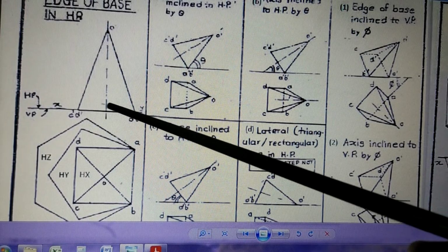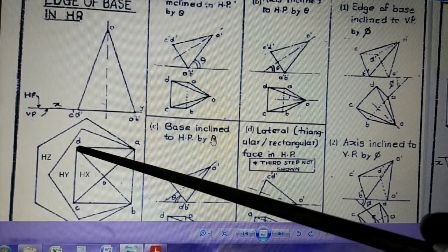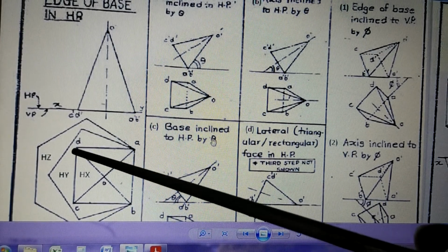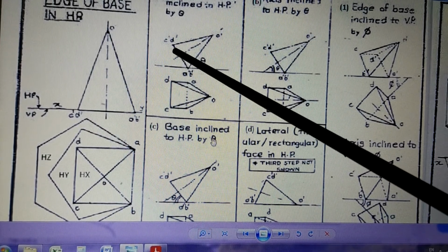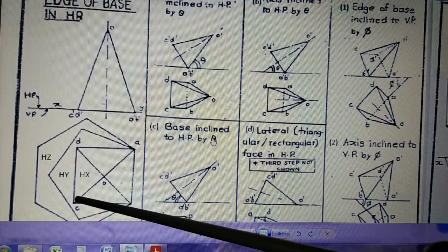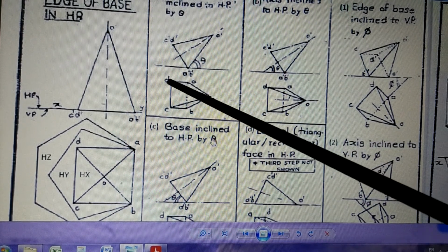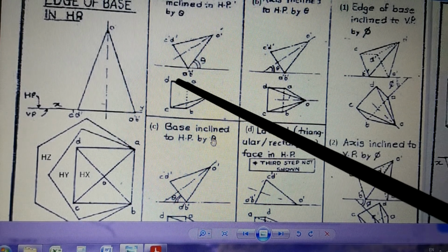When the base was resting, when the base was touching the XY line, from the top, the base was seen like this. Now when you tilt this base and the base takes this position, and you see from above, the same square-shaped base will be seen like this. Because it is inclined, its width will not be the same.